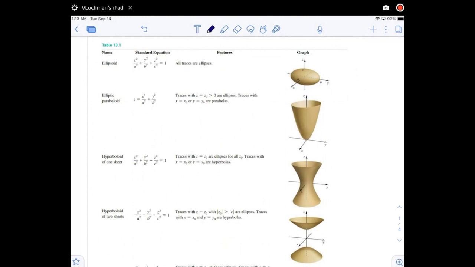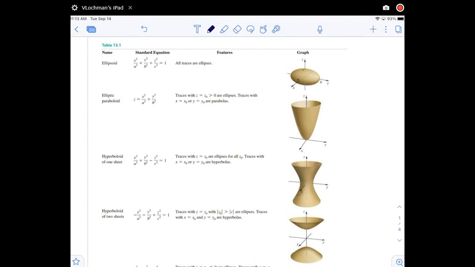In fact, I recommend having this sheet in front of you as you work through problems on your homework. And the best way to practice these problems is to go through my MATLAB problems. They're really good about making this visual representation and connecting these ideas of what these surfaces look like. So have this sheet in front of you, practice some problems, and that's all you need to know.